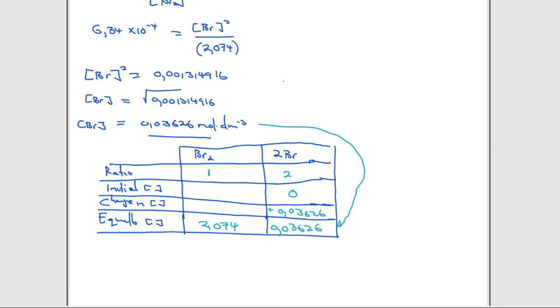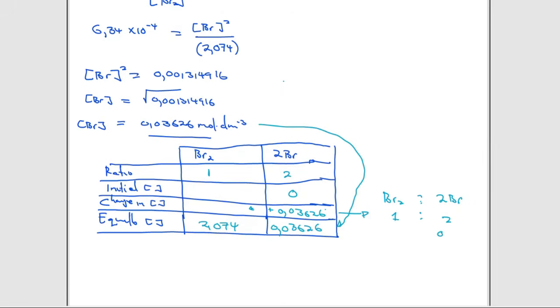The ratio between your Br2, which is your bromine, versus 2Br, you can see the ratio is 1:2. So if we're having 0.03626 on this other end, we're going to have half of it.